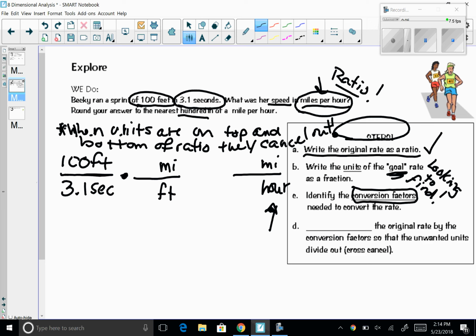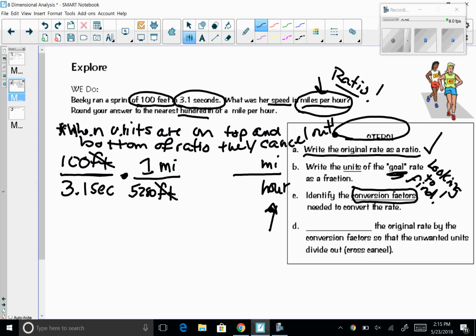So if I look on my reference sheet, I'm going to see that 1 mile is equivalent to 5,280 feet. So when I do that, the good news is my feet are going to end up canceling out.